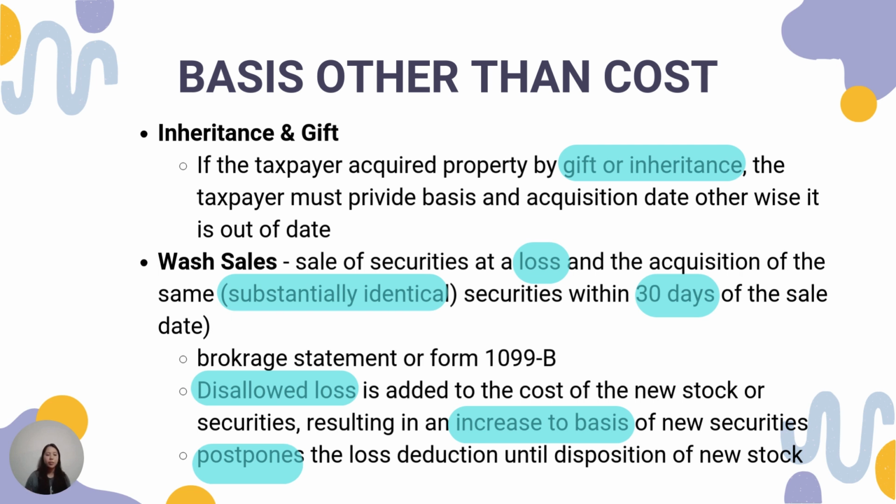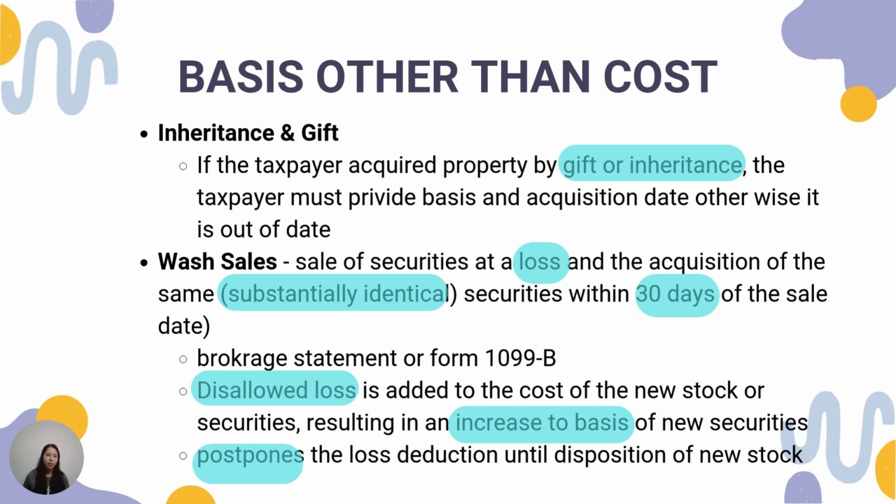So we went over how to figure out capital gains based on if they had a cost sheet with documentation for Form 1099-B or 1099-S. But what if you inherit an asset or have a basis other than cost? Well, if the taxpayer acquired property by gift or inheritance, it should be listed on the statement, either 1099-S for real estate or 1099-B for brokerage for stocks and mutual funds.